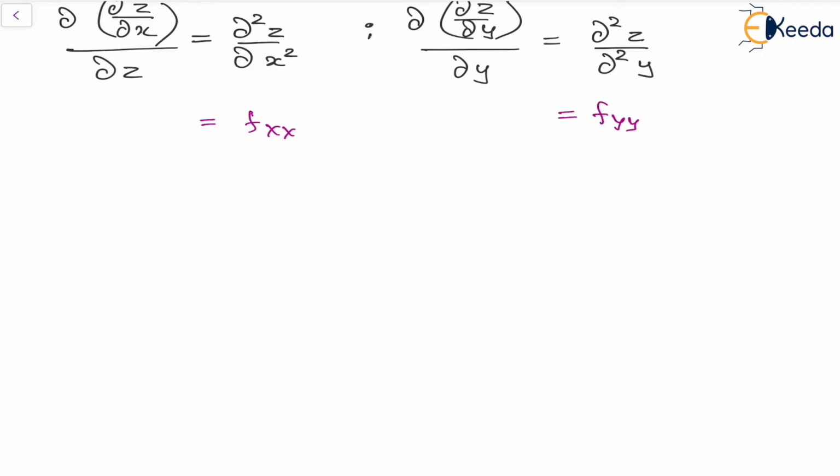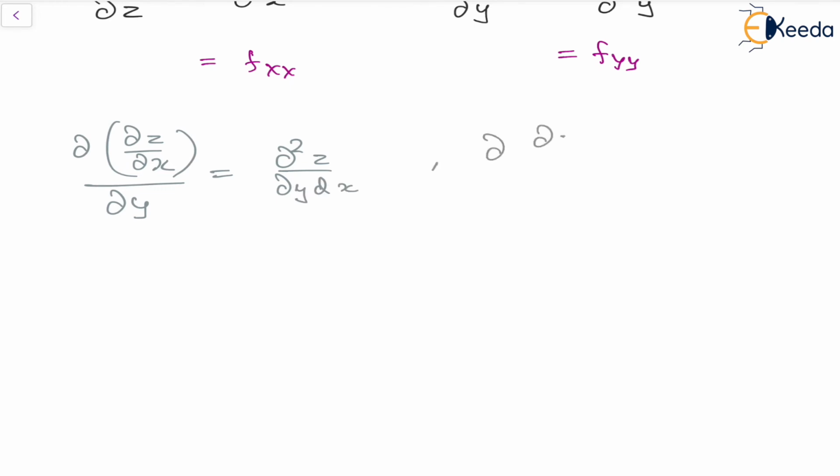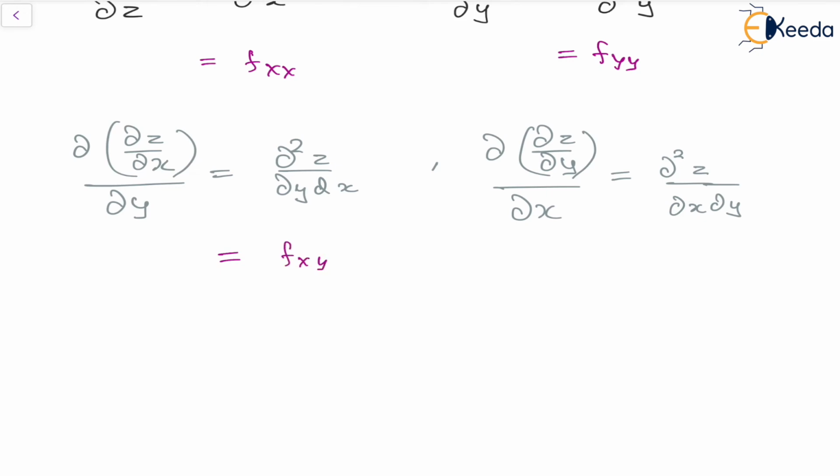Possibly we can differentiate dou z over dou x with respect to y also, and this can be denoted as fxy. Also it is possible to differentiate dou z over dou y with respect to x, and this can be denoted as fyx.